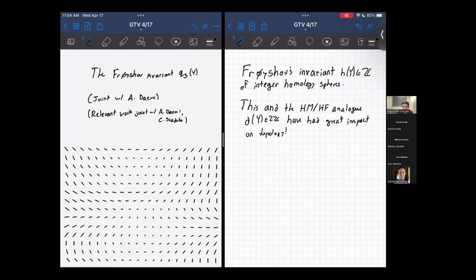This invariant somehow tells us some of the things you can extract from Donaldson's diagonalizability result. The key property of this invariant and its monopole Heegaard Floer analog, the d invariant, and its generalization to rational homology spheres, is monotonicity. And this is where most of our topological applications are coming from somehow.